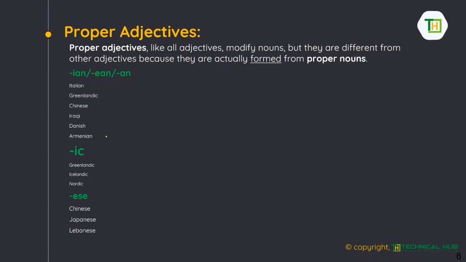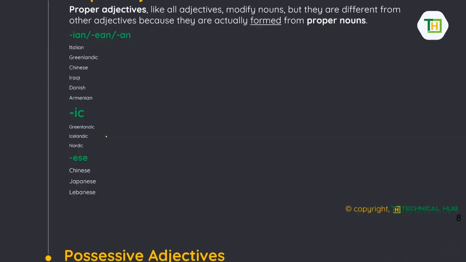Armenian, Armani suit, have you heard about Armani suit? See the suffixes IAN, EAN, and IC: Greenlandic, Icelandic, Nordic, then ESE: Chinese, Japanese, Lebanese, all these come under proper adjectives.